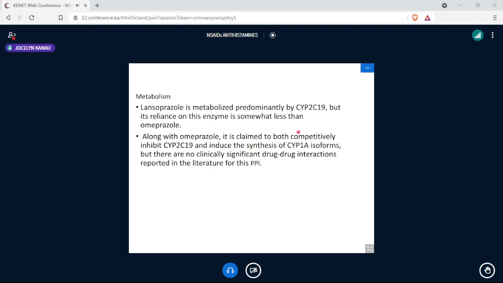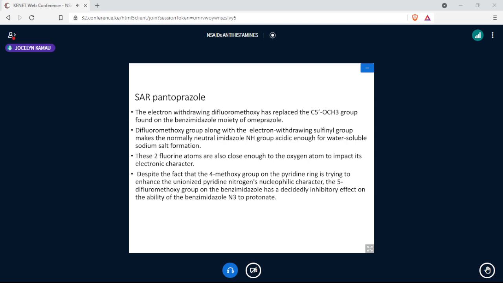So it's a little bit safer than omeprazole. It will also inhibit cytochrome 2C19, but because it's not metabolized mainly by cytochrome 2C19, although it will inhibit the same enzyme, the fact that it is not predominantly metabolized by it is why we do not have very many drug-drug interactions.